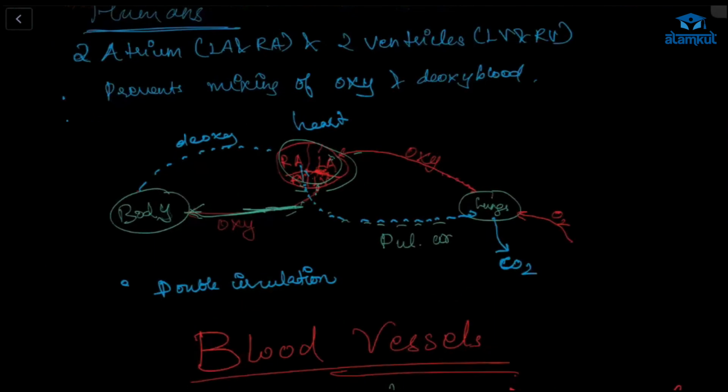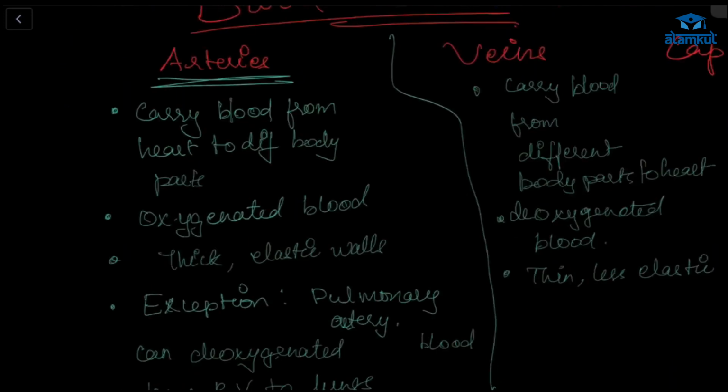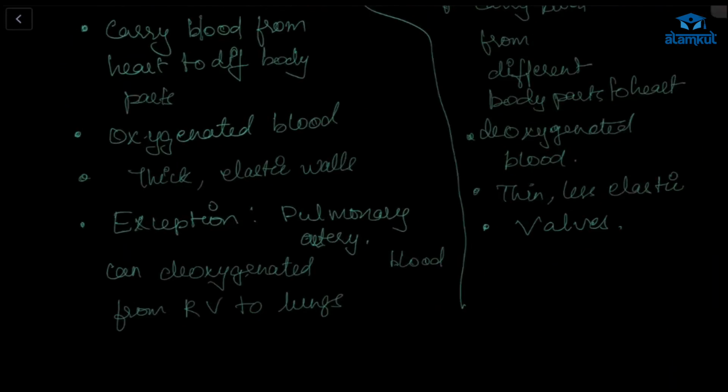The veins carry blood from the different parts of the body back into the heart, and they are thin, not that thick, and not that elastic because here the blood pressure is not created, and they have valves. These valves will act like a door, right?